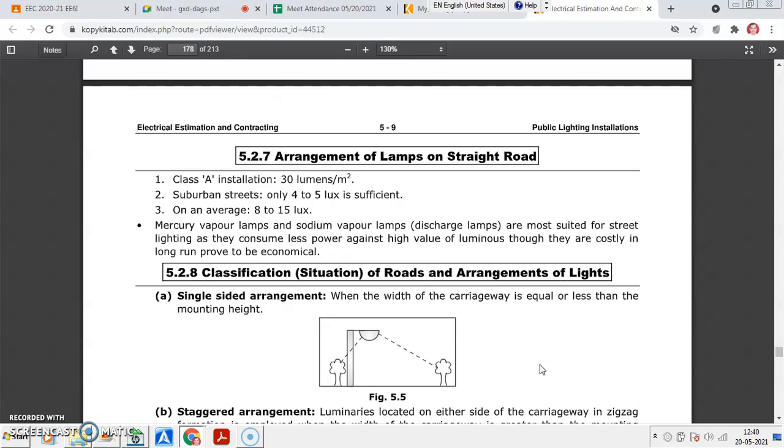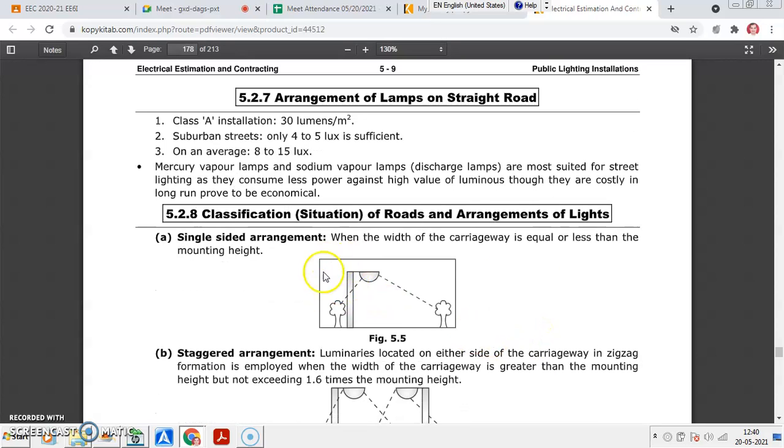Then next part of today's discussion, that is classification of road, road situation and arrangement of street lights. So number one, that is a single sided arrangement that we have discussed. The picture is shown over here. This is a road.